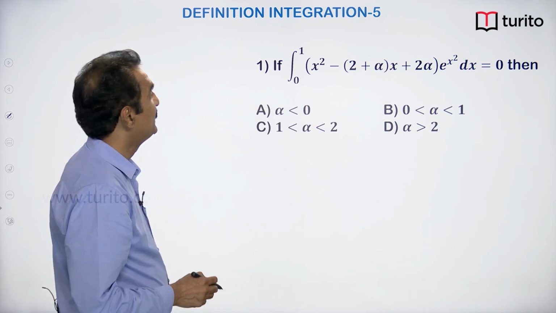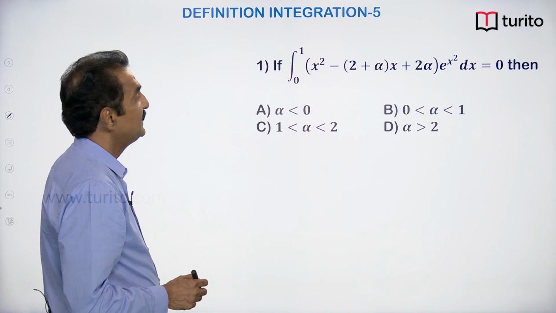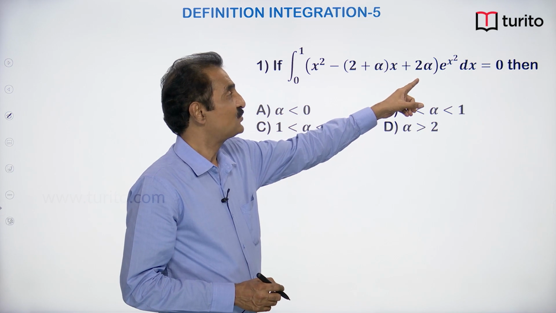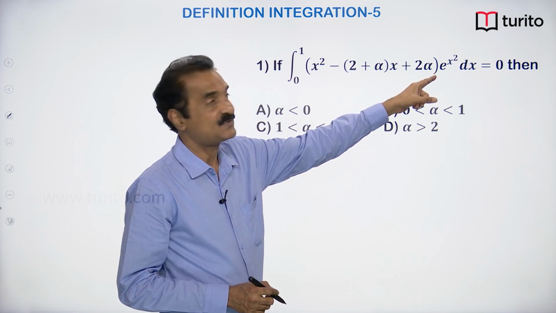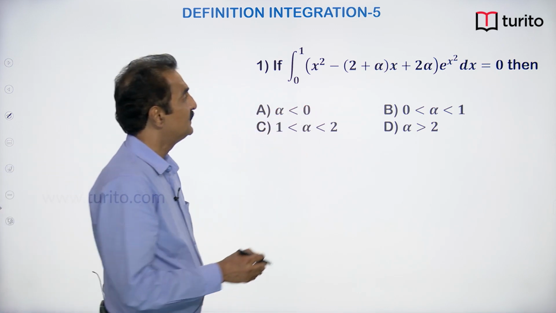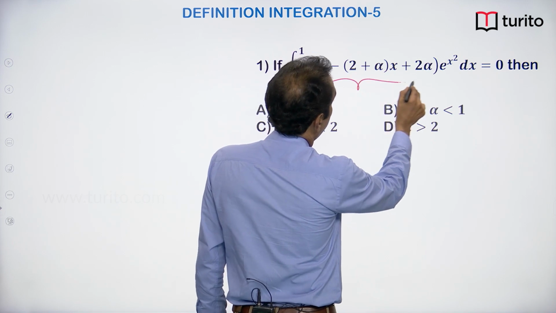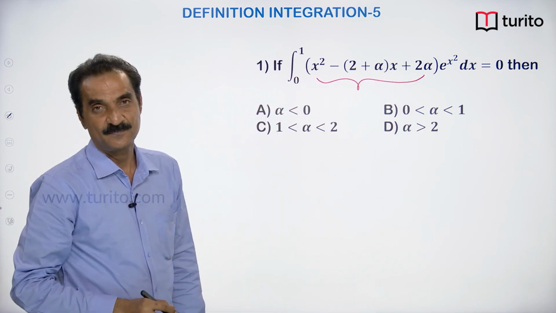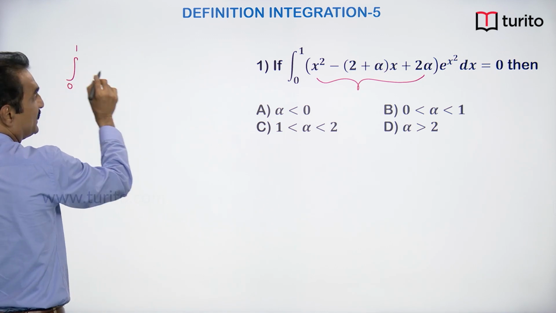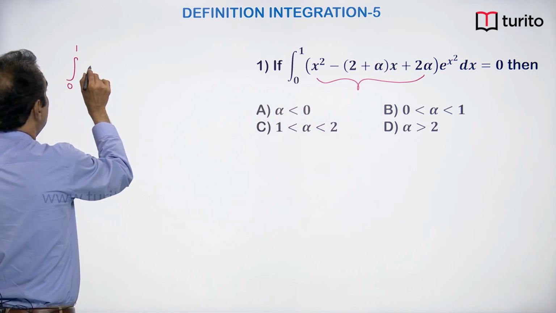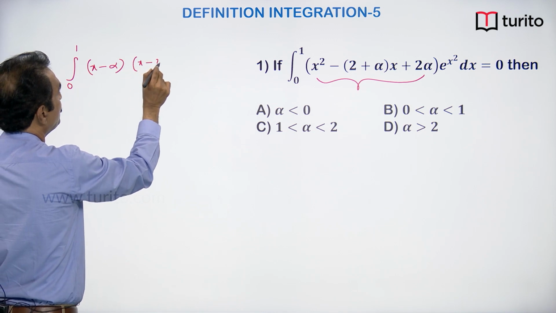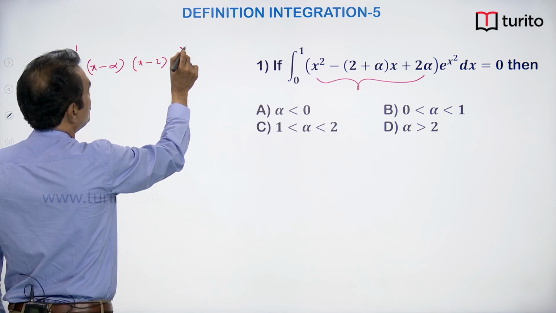First problem, integral 0 to 1 x square minus 2 plus alpha into x plus 2 alpha into e power x square dx is equal to 0. Then what is the interval of alpha? First, you can write this quadratic expression as a product. Integral 0 to 1, factorize, what you will get, x minus alpha into x minus 2 into e power x square dx.